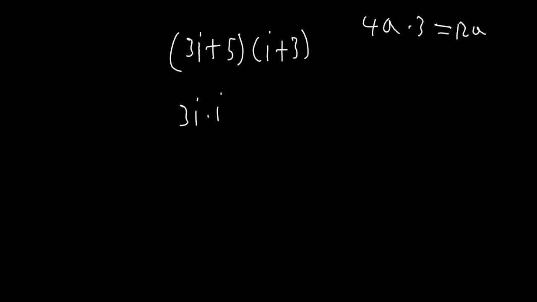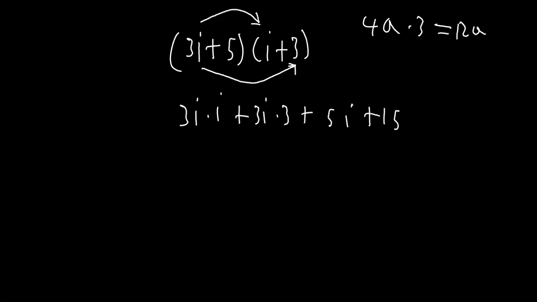And then 3i times 3, and then 5 times i, and then 5 times 3, which is 15. So it's very similar to quadratic multiplication in a way.